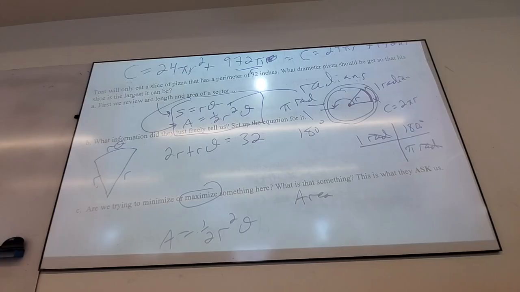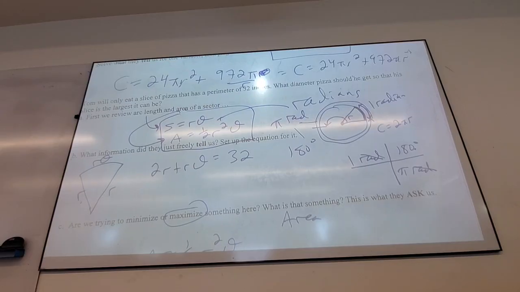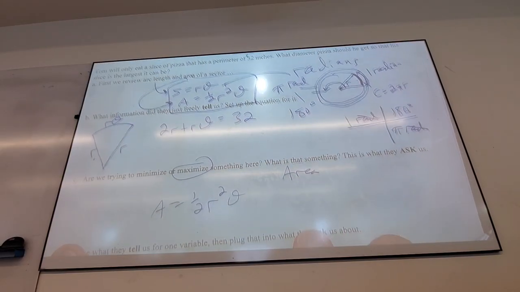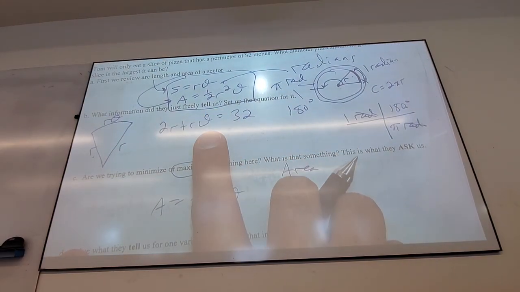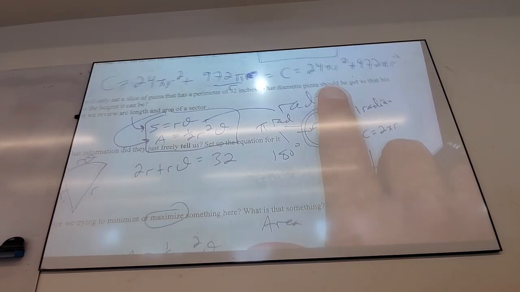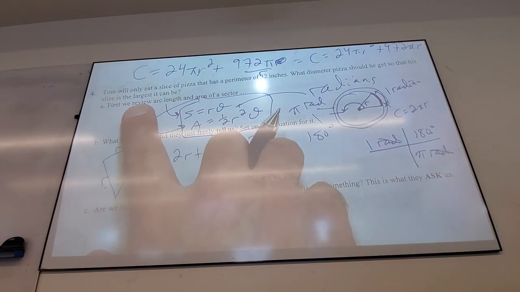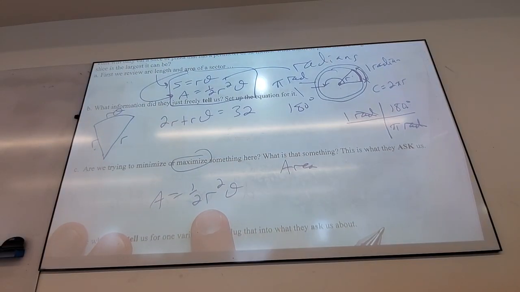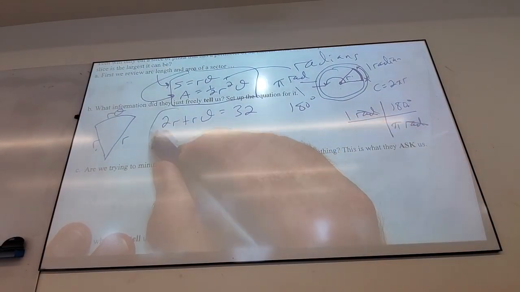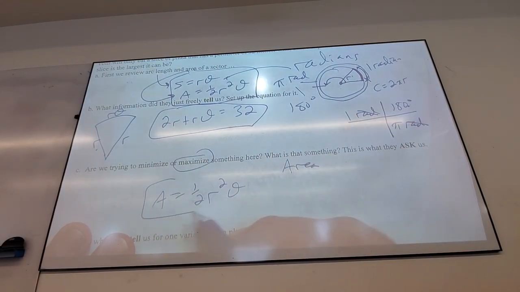That sounds like a generally good mission. If you don't like pizza, you can imagine something else. They tell us about the perimeter, and they ask us to maximize the area. So I wrote a formula for what they tell us, and a formula for what they ask us.